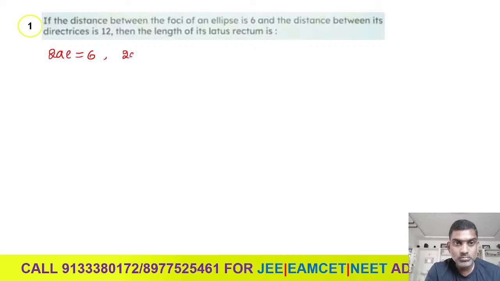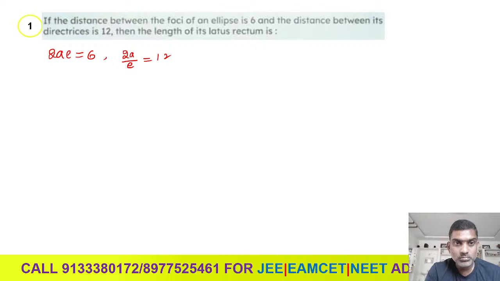Distance between directrix is 2A over E. So 2AE equal to 6 and 2A over E is equal to 12. Then the length of its latus rectum is what they are asking.